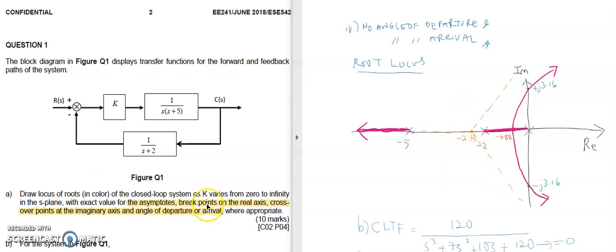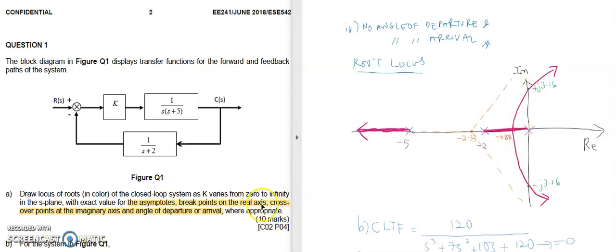And then breakpoints. You have decided you have a breakaway point since you only have real poles. Your breakaway point should be on the root locus line, so it is negative 0.88. Based on the 5 basic rules, your root locus is symmetrical about the real axis, so one will go up and one will go down.